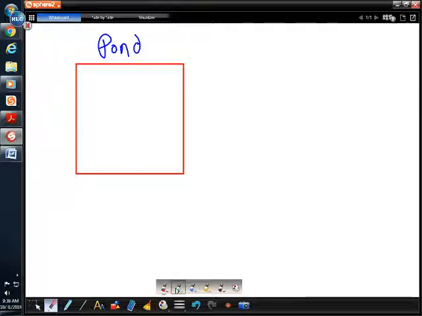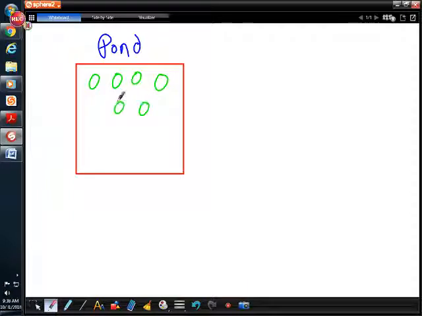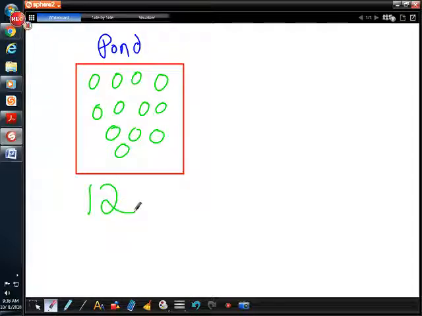Everybody loves froggy friends. 1, 2, 3, 4, 5, 6, 7, 8, 9, 10, 11, 12. Okay, so we got 12 froggy friends. So 12 frogs in this pond.